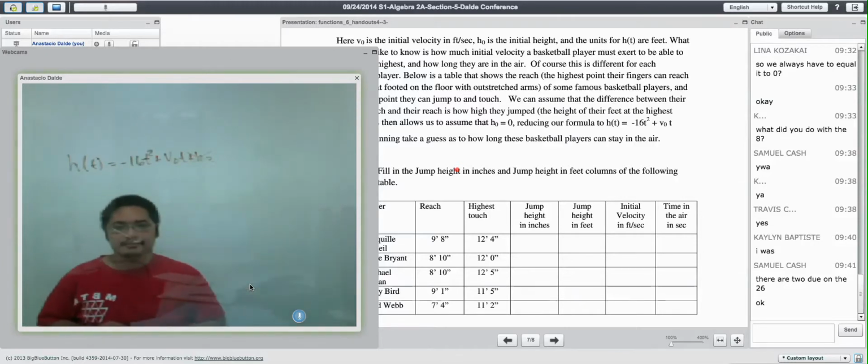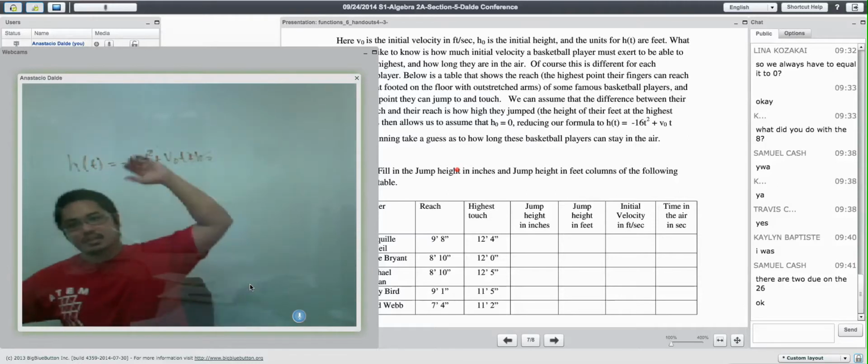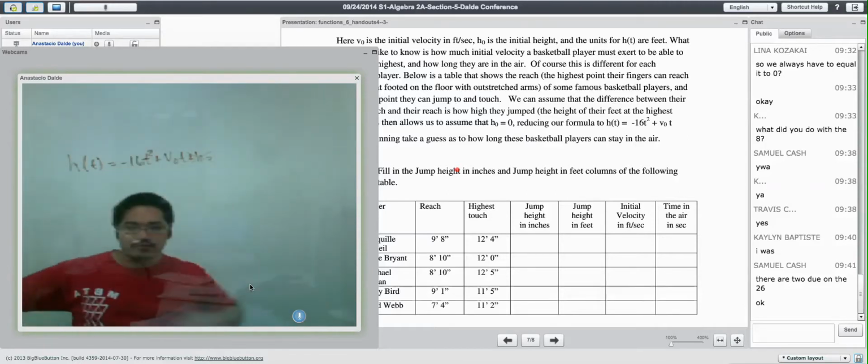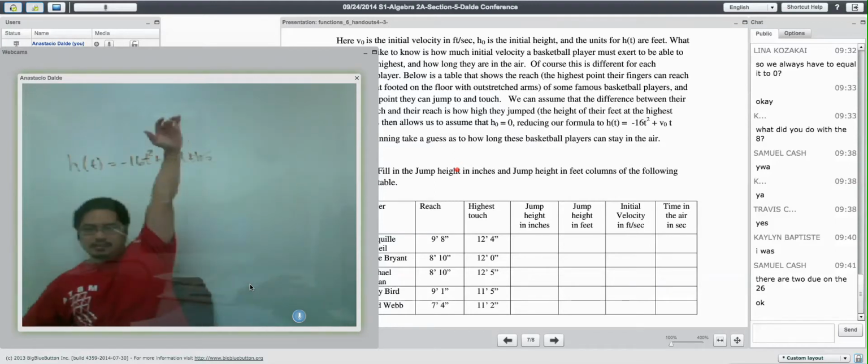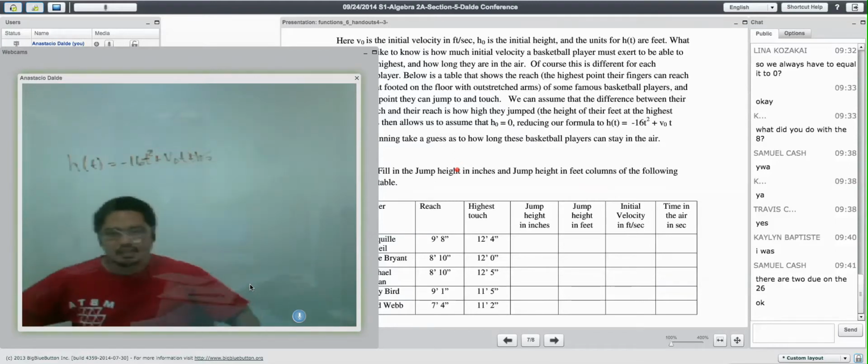Okay? So let's look at Kobe Bryant. He can jump, and his fingers can touch a mark on the wall that's 12 feet high. That's pretty tall. When he stands and reaches his arm up, it's 8 feet 10 inches.